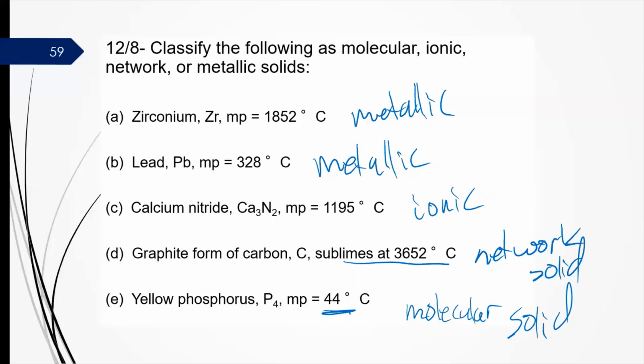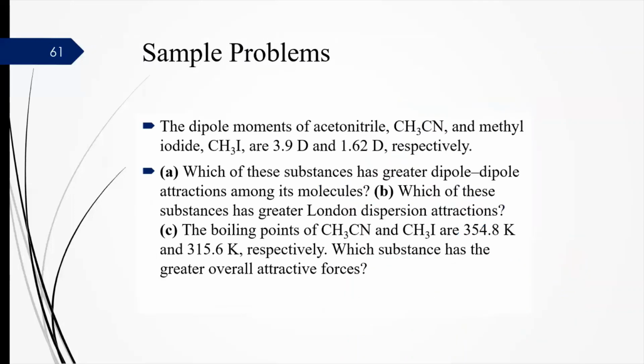Now, this next section is some sample practice problems for what that looks like for our intermolecular forces. You want to walk through them, and the answers are on the next page. Think about your intermolecular forces. How do you get their different strengths? In this case, I'm giving you the values in debyes, so think about what that means.